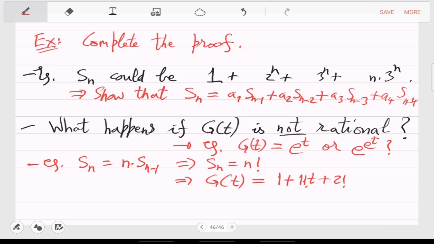So this is 1 factorial t square, 3 factorial t cube, and so on. Right, but you cannot express it as a rational function. You can show that it's impossible. So there will actually never exist a linear recurrence for this Sn, for n factorial.